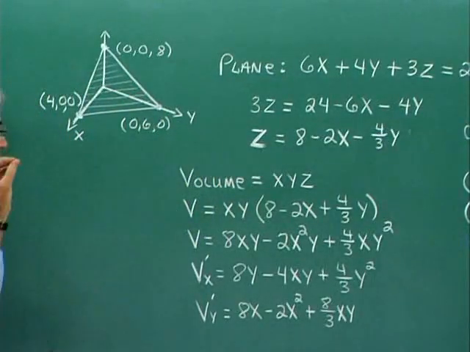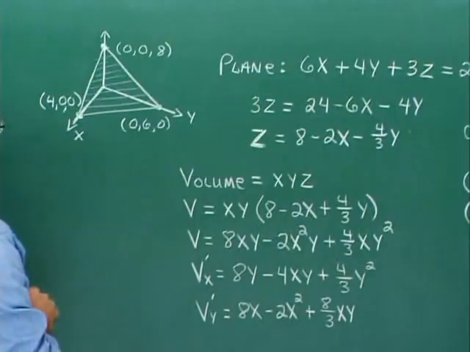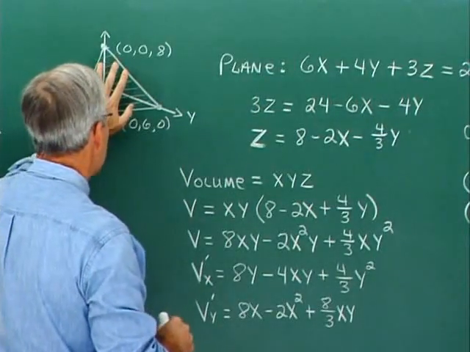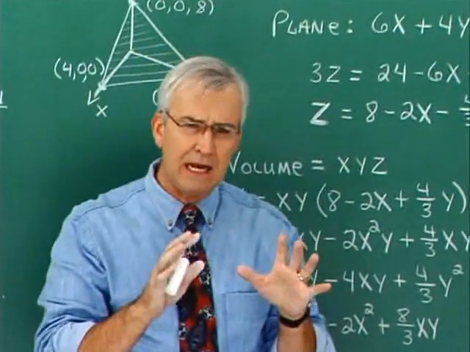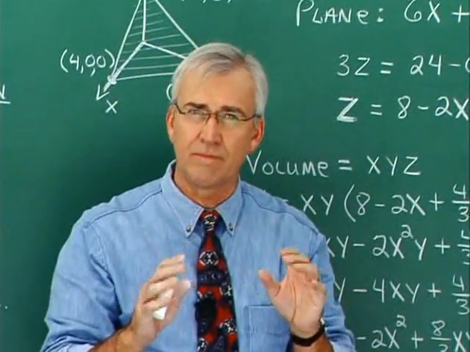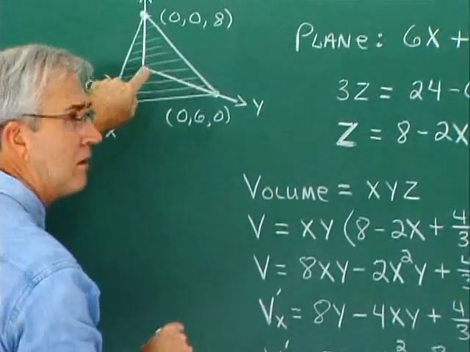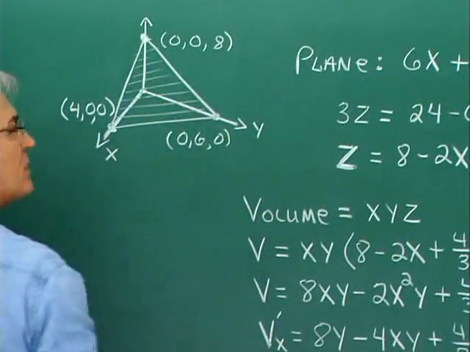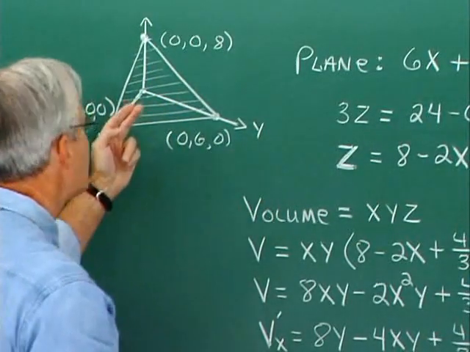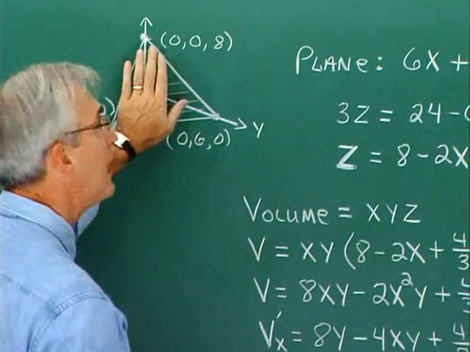And we'd like to find, and we have the equation of the plane, by the way. I have it written over here. We'll look at it in a minute. We have the equation of the plane, and we want to find the size of a box that will fit into this corner, a box where one corner is right there at the origin, and the opposite vertex of the box is touching this plane.